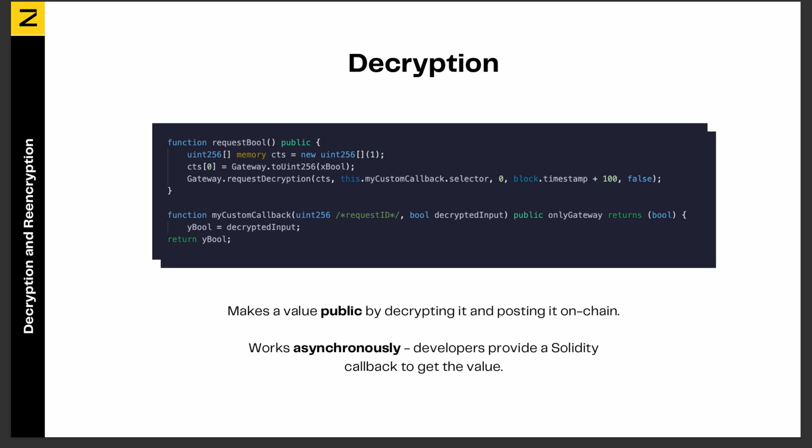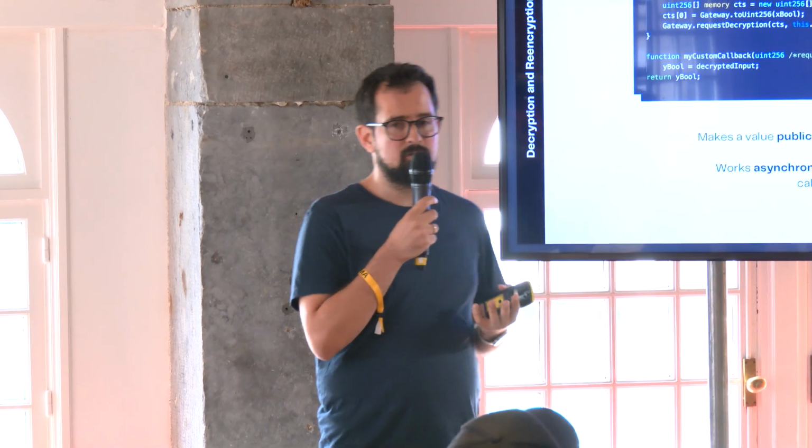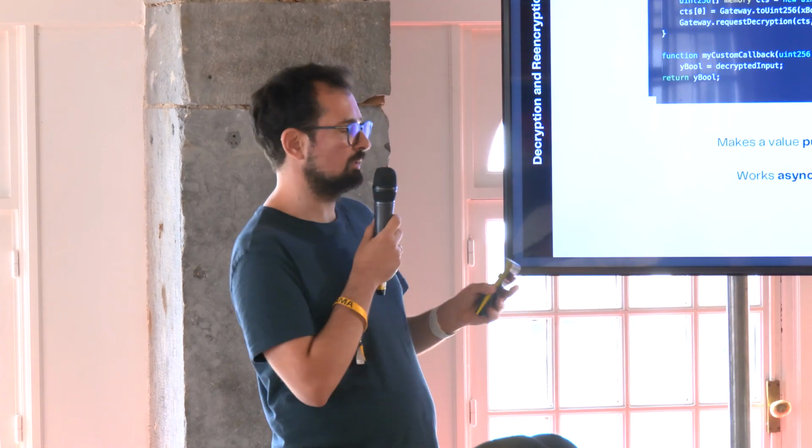So the handle is a very small value that refers uniquely to a ciphertext, but not the actual ciphertext. And also a callback function, and this function will be called eventually when decryption is done in a future block. In some sense, it works like an oracle. Yeah, that's decryption.